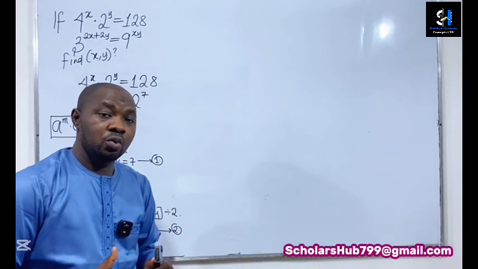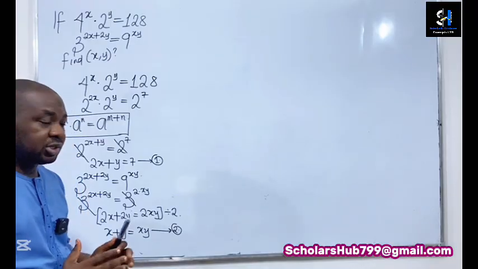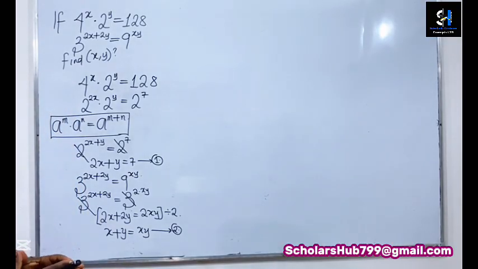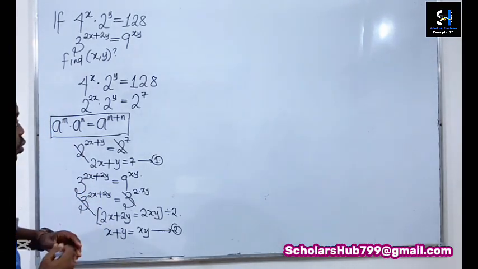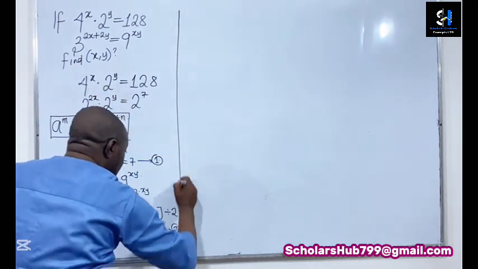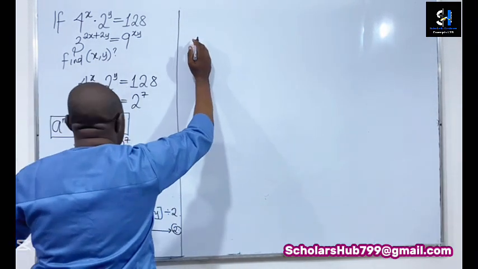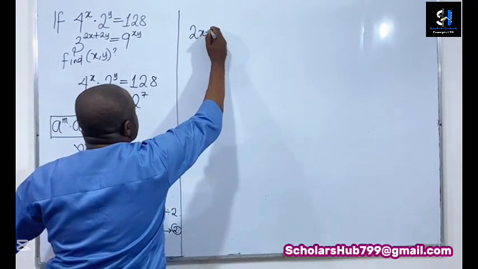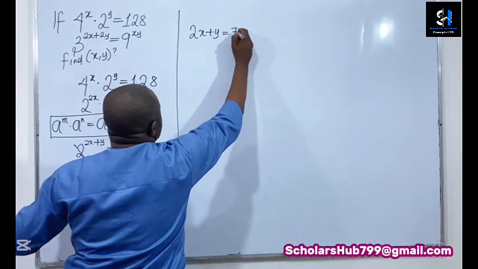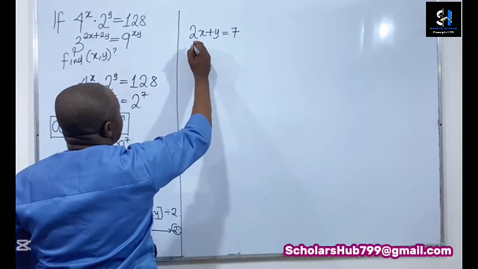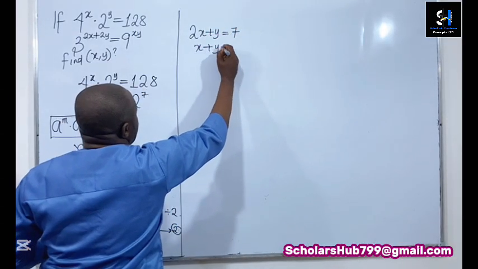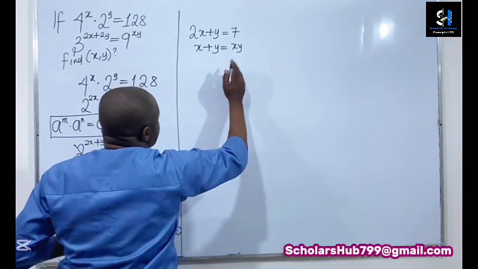Remember, our goal is to find the values of x and y. So in this case, we have 2 equations. The first equation is 2x plus y equals 7, and the second equation is x plus y equals xy.